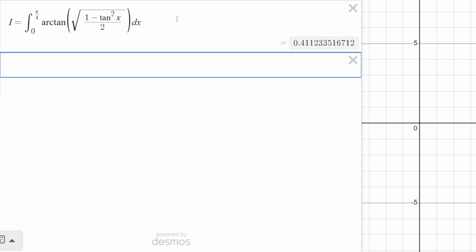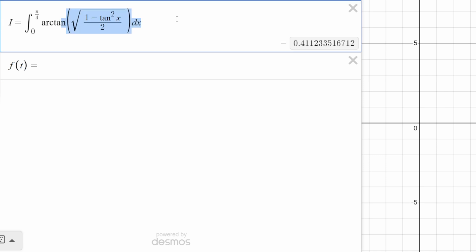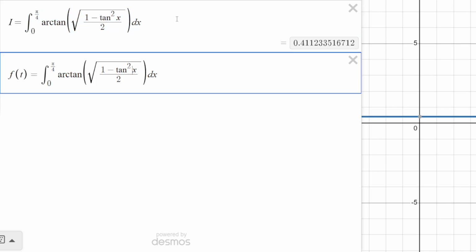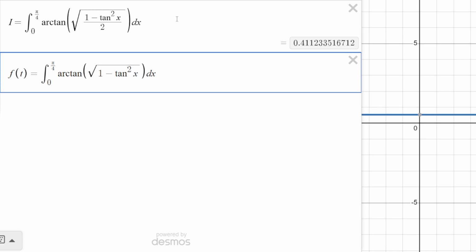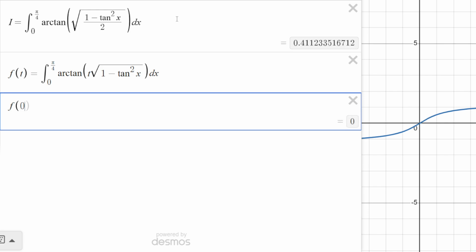So our first step is to create a function of t that's equal to pretty much the same thing as this original integral, except we're going to take the square, that denominator 2 there, and just replace it with a t. And then we can notice a couple things about this function. If we evaluate it at 0, we're going to get 0.